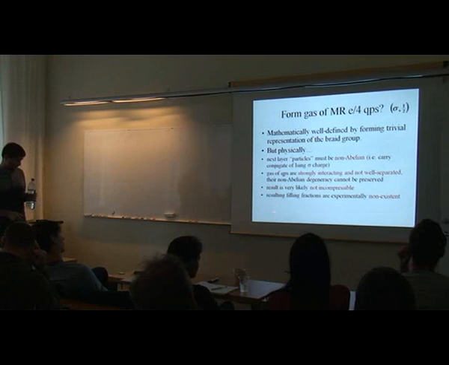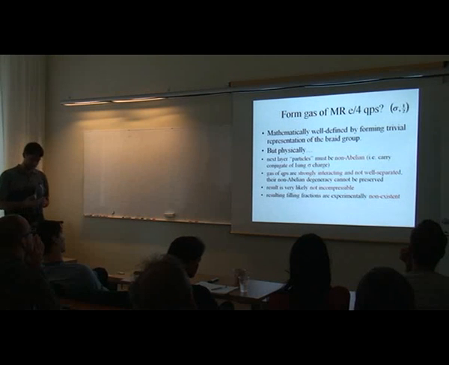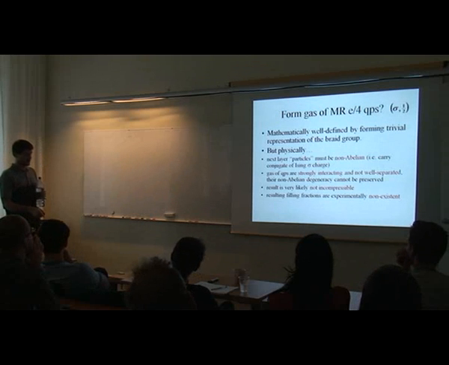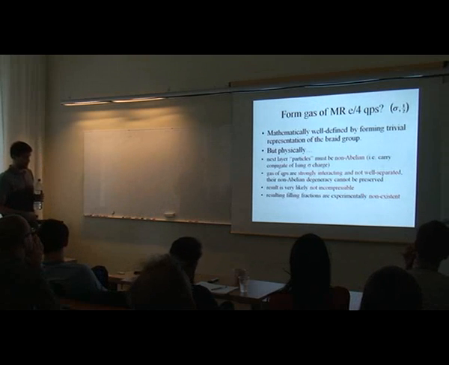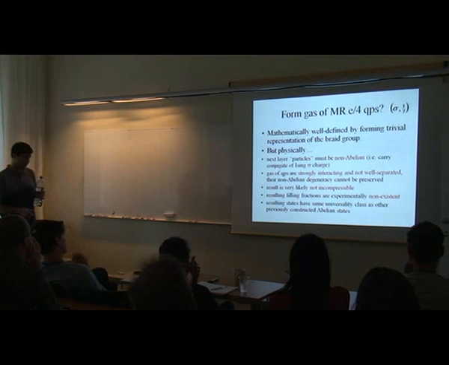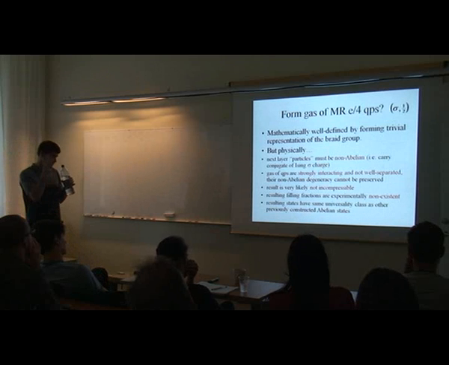And then, another very significant problem with this is, if you just said, well, who cares, let's just go ahead with this construction, fine, you end up with filling fractions that are experimentally non-existent in the second Landau level, like 8/17ths and 6/13ths.